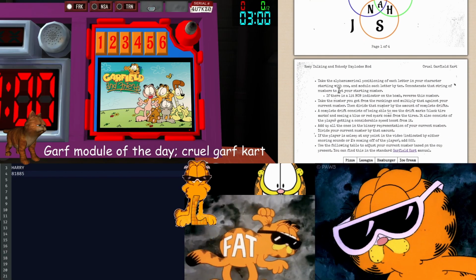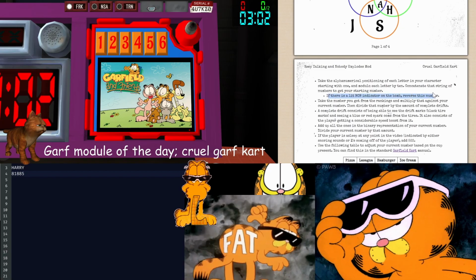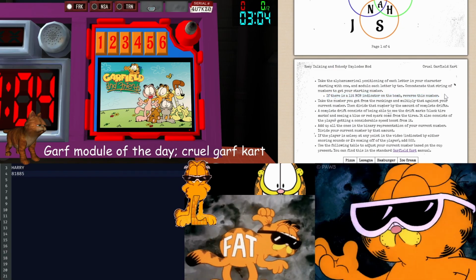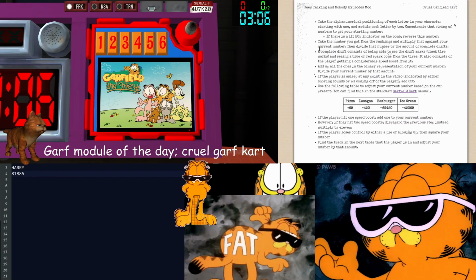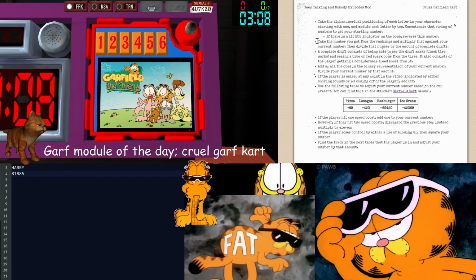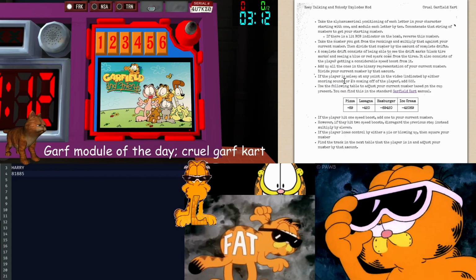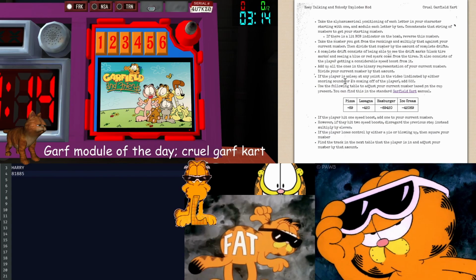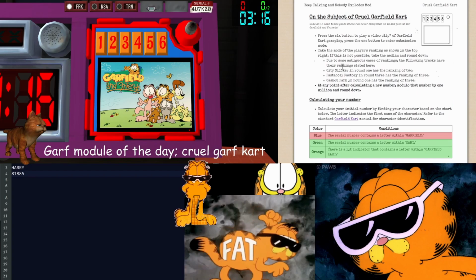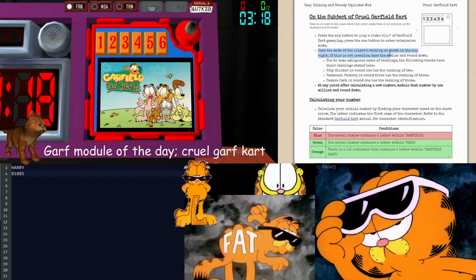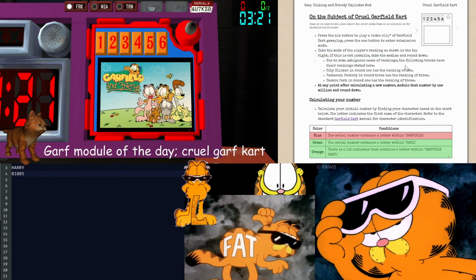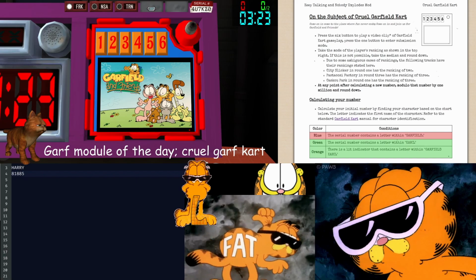Then we check if there's a lit BOB on the bomb. There is not, so we don't reverse the number. Then we take the number we got from the rankings. This is something we get from the video. The way we get the number is we take the median, or rounding down, of all the numbers that are shown up here.